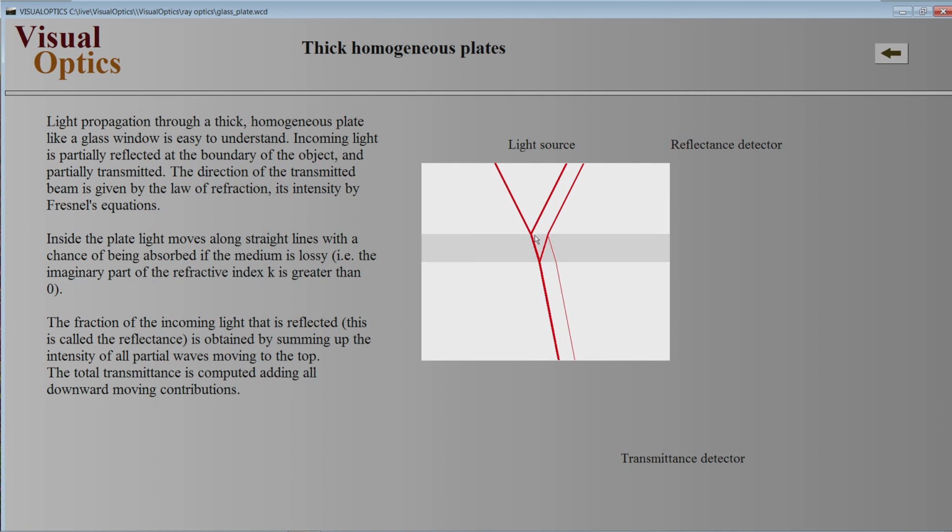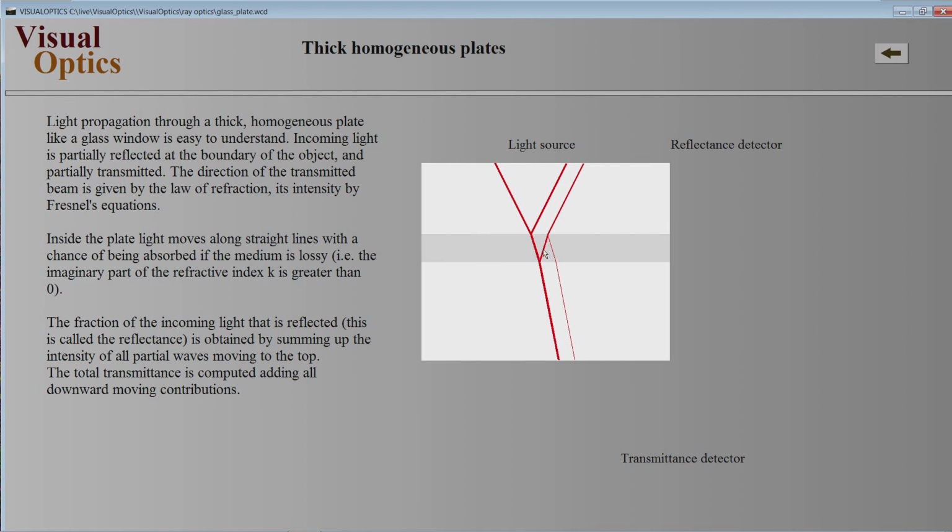Part of the radiation is transmitted into the second medium. On the way here, in the second medium, there is absorption, governed by the imaginary part of the refractive index. The speed of light doesn't really matter too much, but the intensity is diminished by the absorption in medium 2. Then this second beam here, the transmitted beam, hits the bottom interface. Part of it is reflected, part of it is transmitted, and is emerging on the bottom side here.